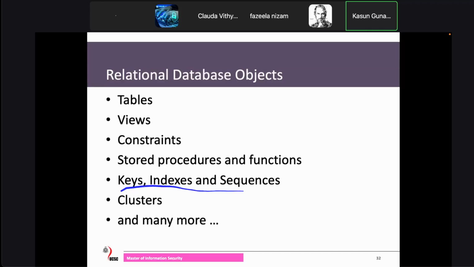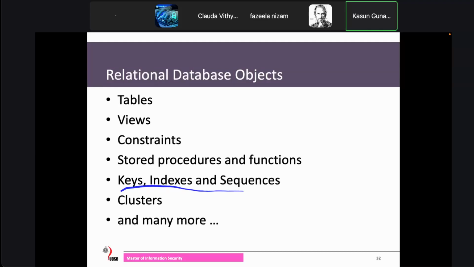So the database schema is basically a collection of all logical structures of data, or all the other objects. A schema is owned by a database user and has the same name as that user. So each user owns a single schema.